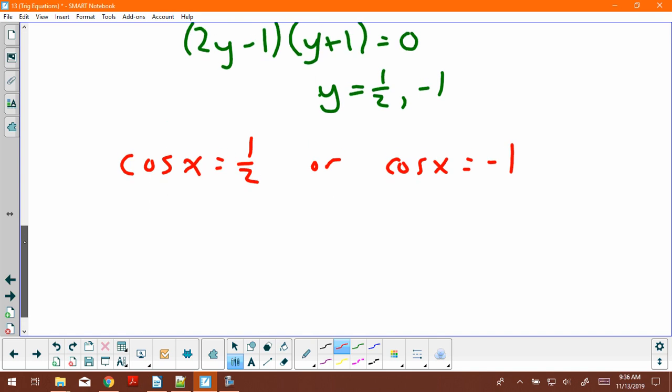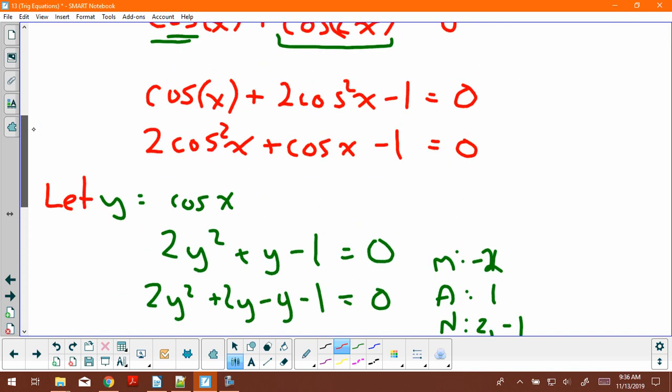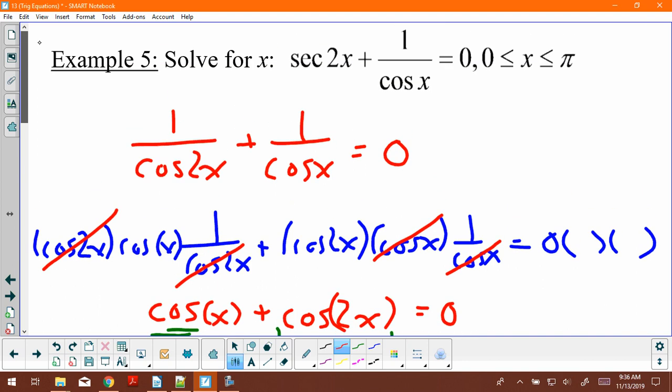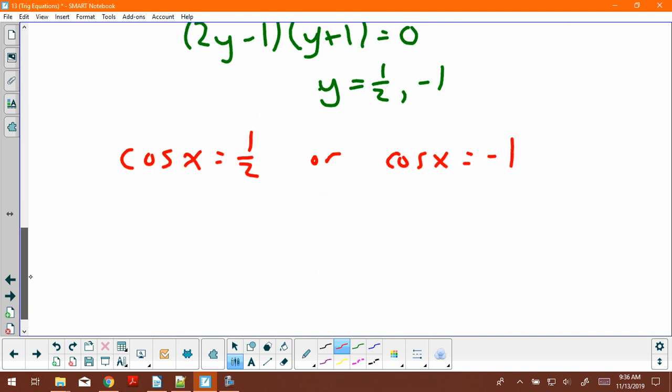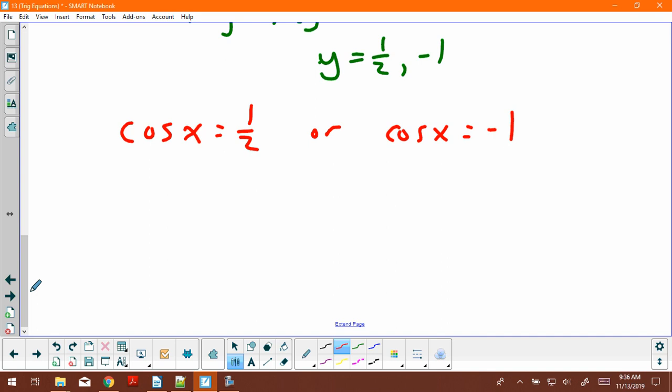Now, going back to the top for a brief second, our restriction was between 0 and pi for our solutions. So basically, I just need to look at the top half of the unit circle and see where my answers would be. So when we look at 1/2, the only place between 0 and pi where cosine equals 1/2 is pi over 3.